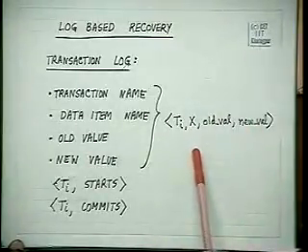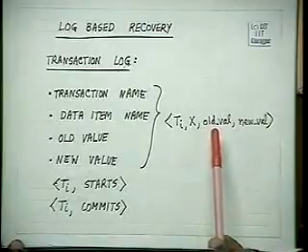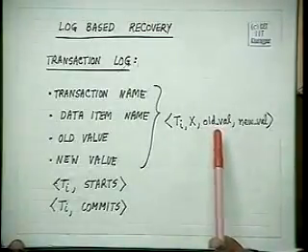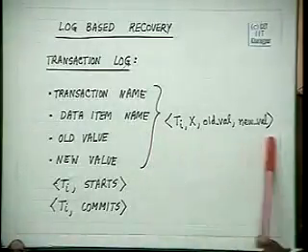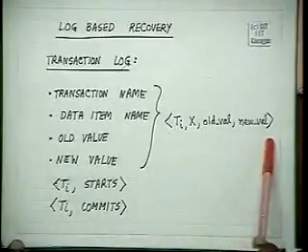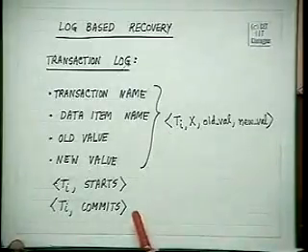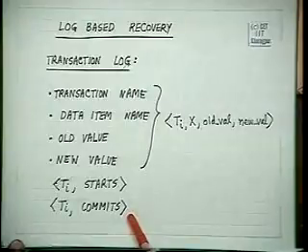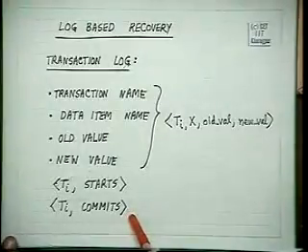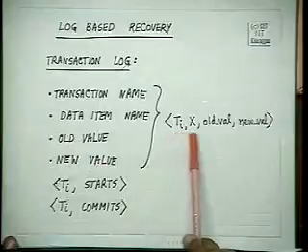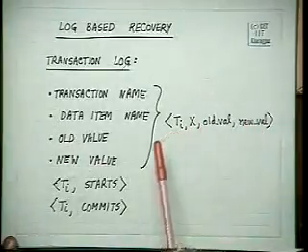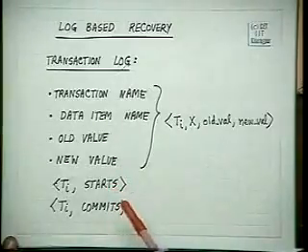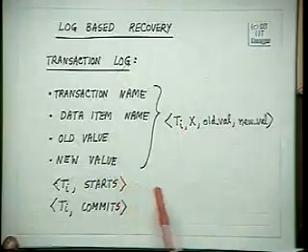Now actually the data may not be written at that moment of time because of data buffering or virtual memory, but whenever the write statement is executed, this log record is written into the stable storage. And after the transaction commits, when a transaction commits it means that all the logs corresponding to that transaction are written into the stable storage, and all the data values which are supposed to be written onto the disk corresponding to this transaction are also written onto the disk.